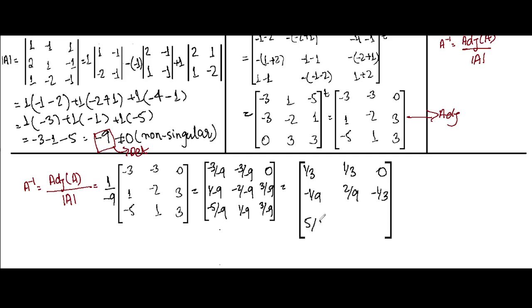Then we have 5 by 9, -1 by 9, and -1 by 3. And this is your answer.